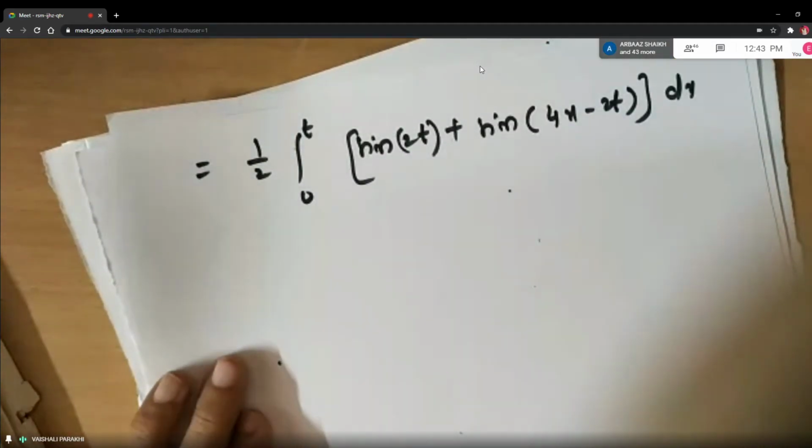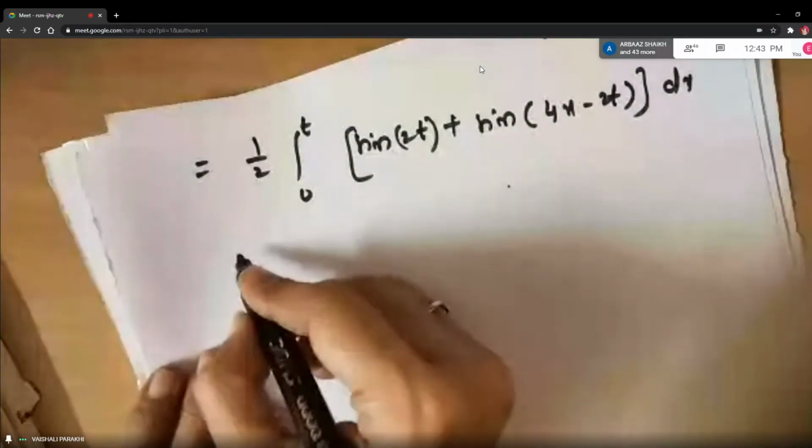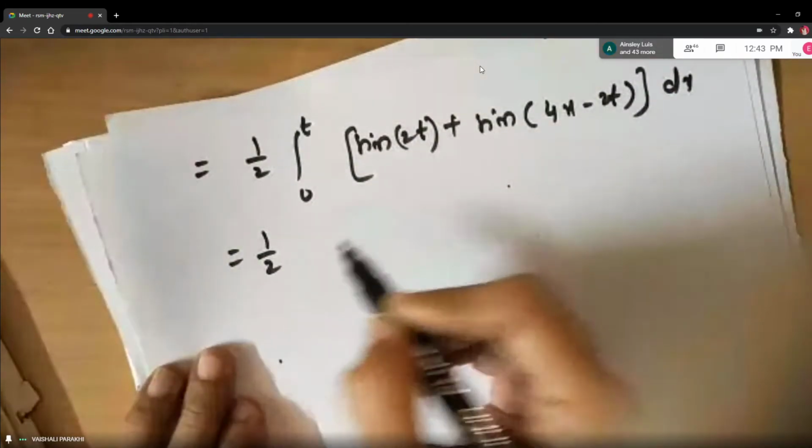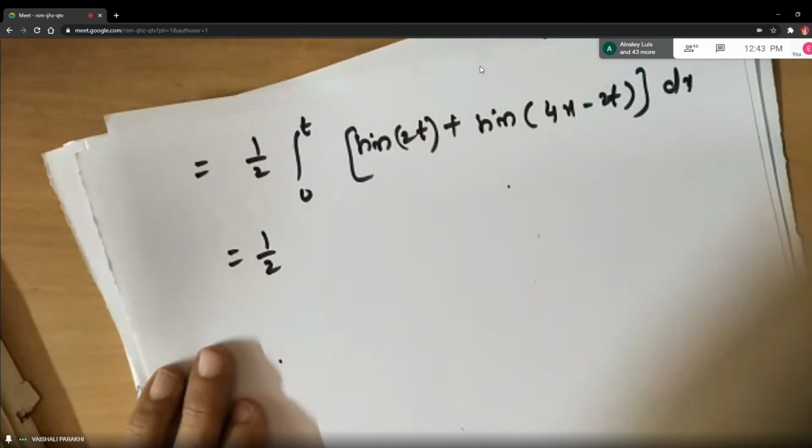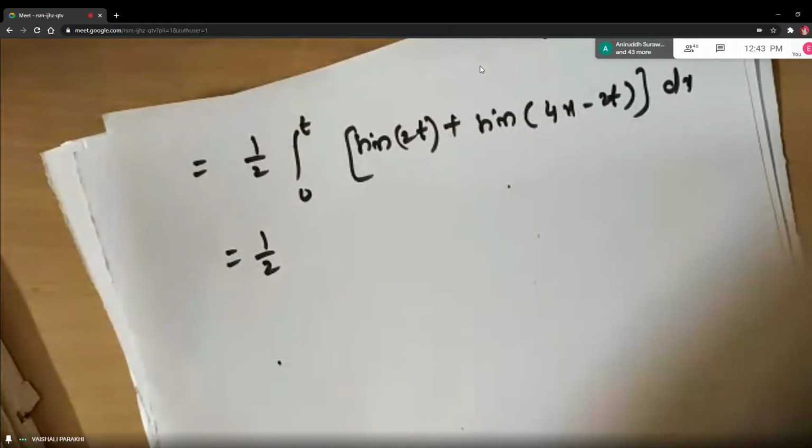And now, Rishikesh, can you tell me what is the integral of the first term? Rishikesh is there, right? Can you hear me? Yeah. Integral of the first term I want to know.